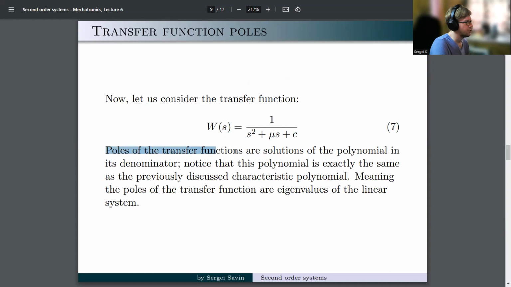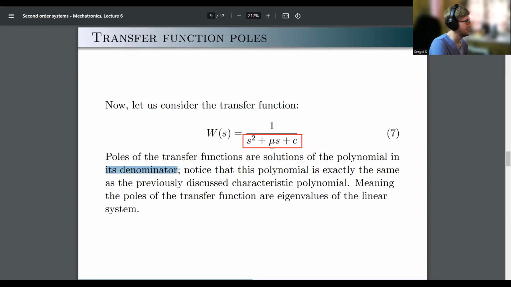Now, poles of transfer functions are solutions of the polynomial in its denominator, right? So poles of the transfer function are solutions to this. And you already see where we're going. This is the same as a solution of the characteristic polynomial, which is the same as eigenvalues of the linear system.